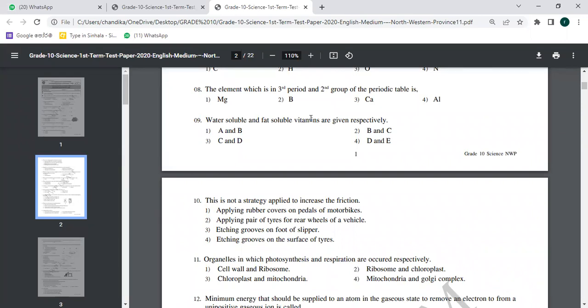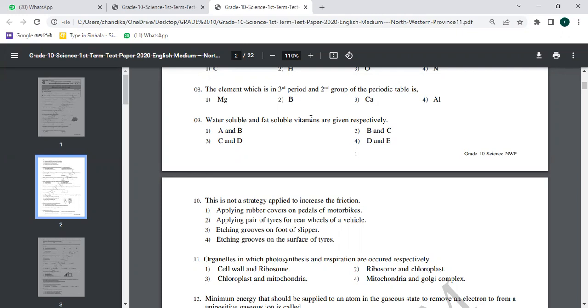Hydrogen, helium, then after that, lithium, beryllium. Can you remember the groups and periods? Second group means it has to be magnesium or calcium. Boron belongs to third group.